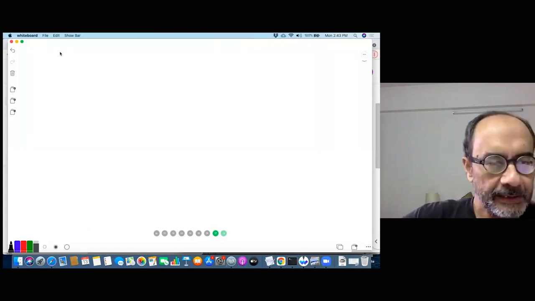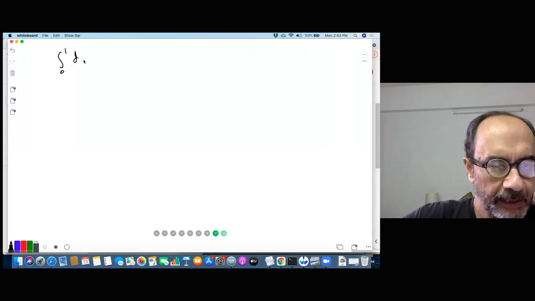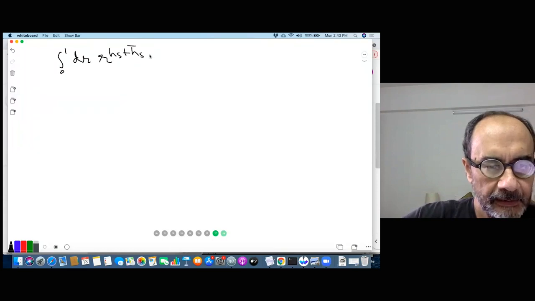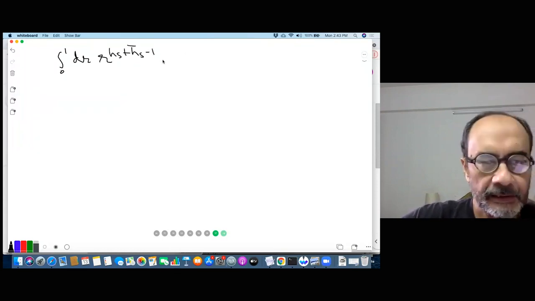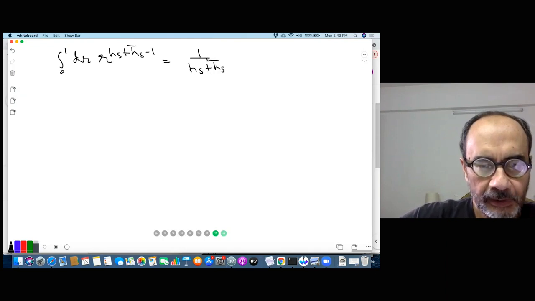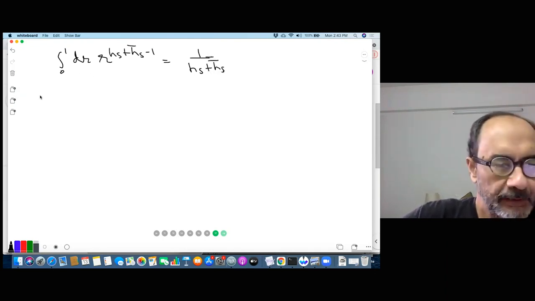Let's go back to this integral again. Integral 0 to 1 dr r to the power hs plus hs bar minus 1 is 1 over hs plus hs bar. So the really problematic case is hs plus hs bar equal to 0.